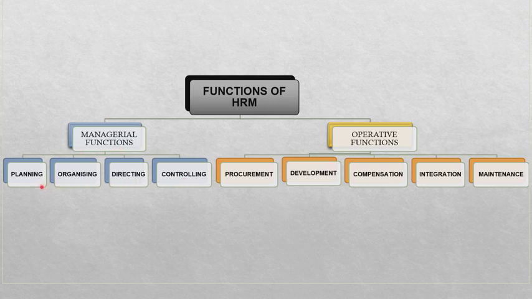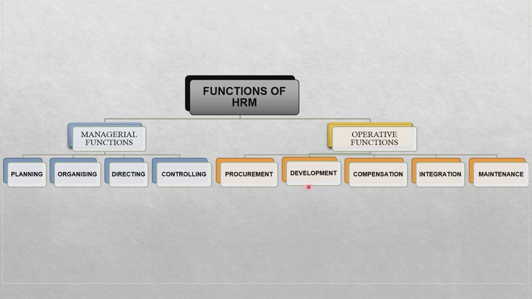How these functions are carried out to regulate the workings of people within the organization. The next function is your operative functions. This is mainly concerned with the recruitment of people, and how you maintain the manpower which you already have within an organization.